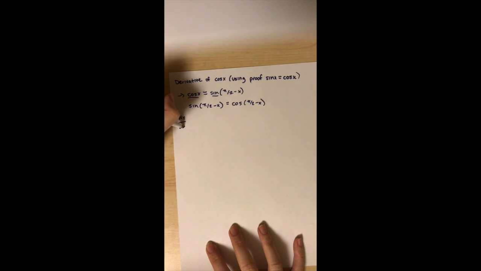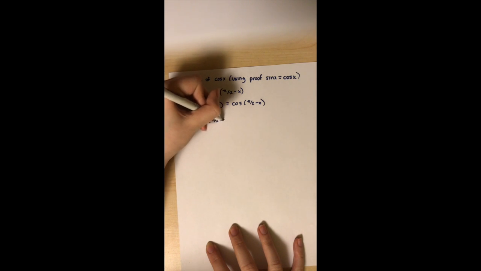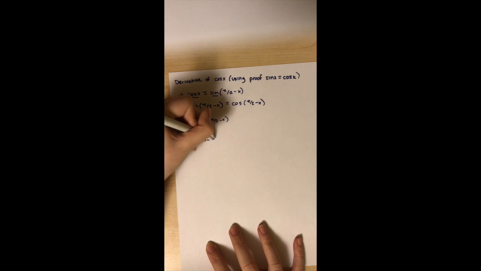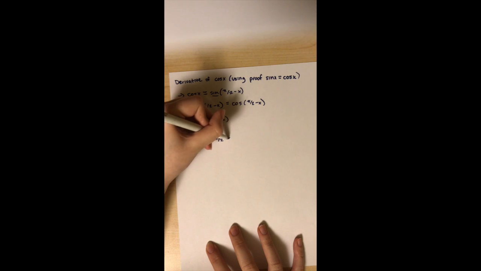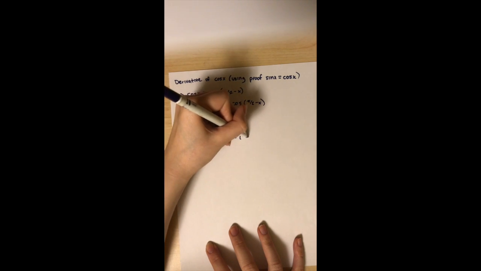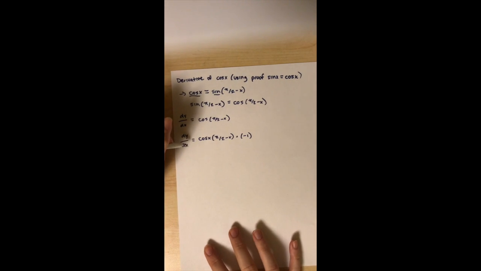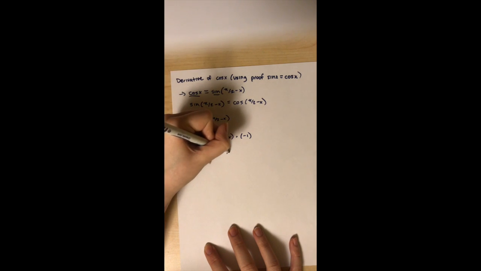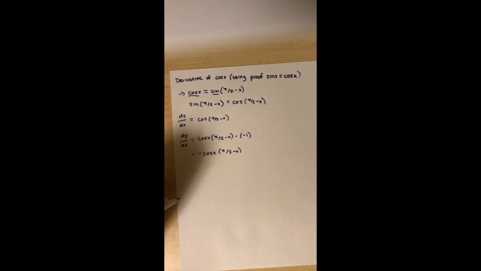Now, we can use the chain rule here, and using our newly found proof, to find the derivative. So we have cos x, the derivative of the outside, and the derivative of the inside was just negative 1, which equals negative cos of pi over 2 minus x, which, using another trig identity, cos of pi over 2 minus x equals sine x.